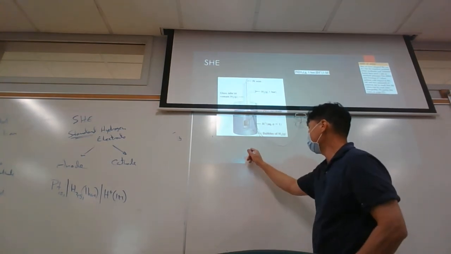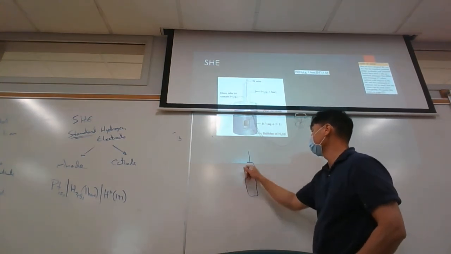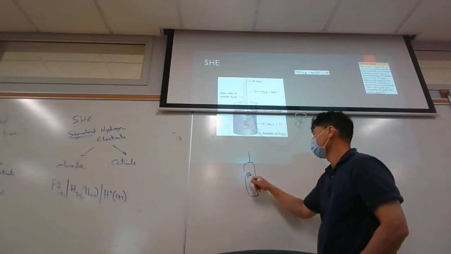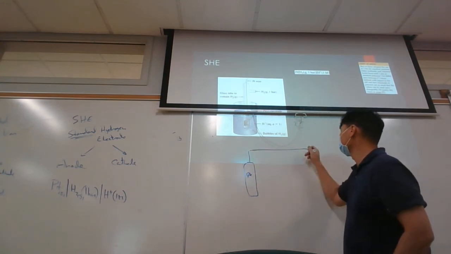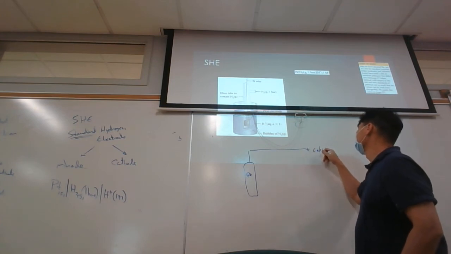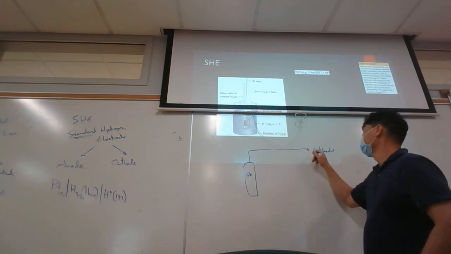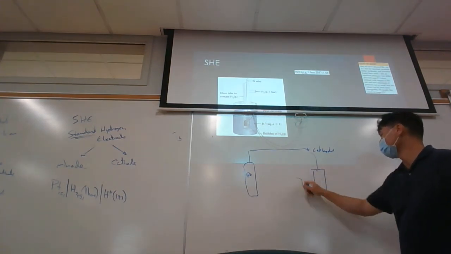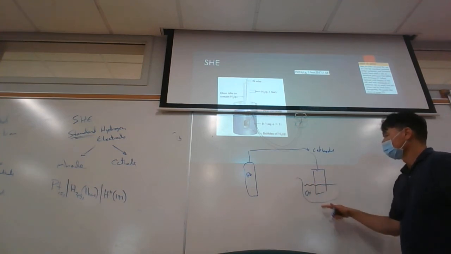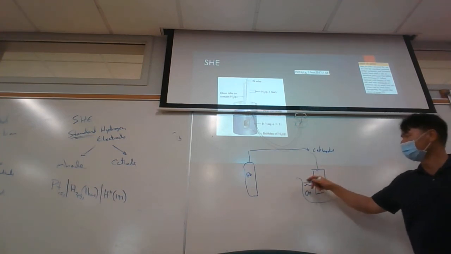And so the SHE anode is, we'll have a chunk of platinum in here. Platinum is to feed the electrons to the cathode, which would be to the cathode this way. The cathode is going to have some oxidizer in here, and this oxidizer is pulling on the electrons.